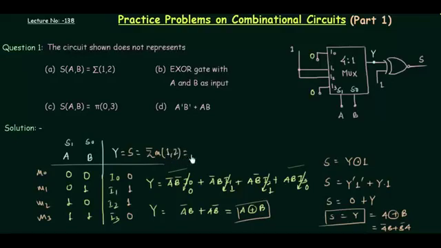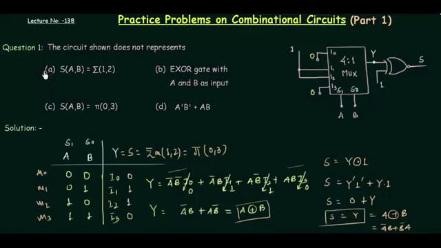And if I write it in terms of maxterms, then it is pi 0, 3. I will write the maxterms for which S is 0, that's why M0, M3 is here. So this is what we have in terms of minterms and maxterms.